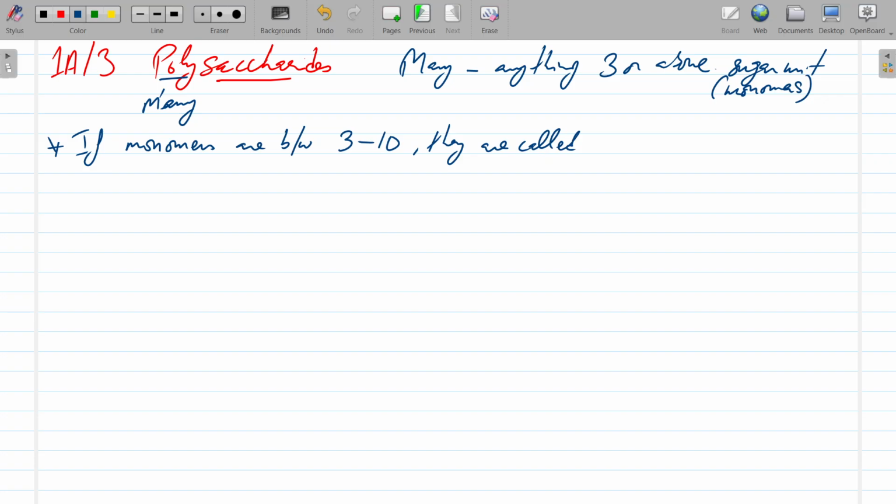They are called oligosaccharides. Just something to know. And if they have 11 or more, then those are called true polysaccharides.